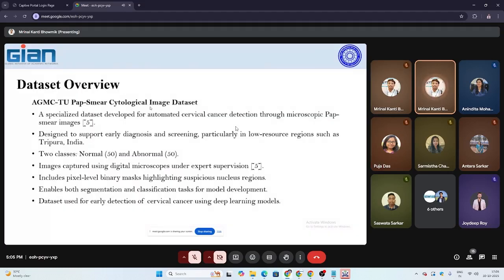I will be using the AGMC TU Pap smear cytological image dataset, which is developed at AGMC Tripura University for automated cervical cancer detection through microscopic Pap smear images.